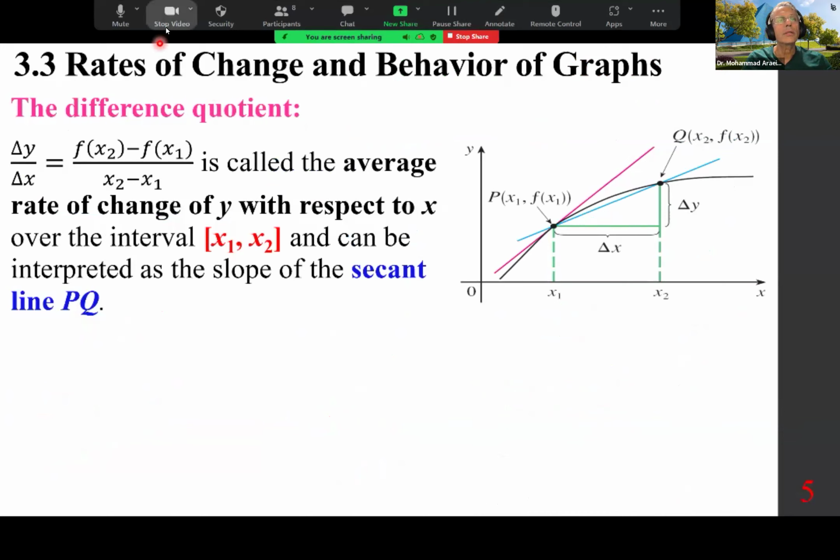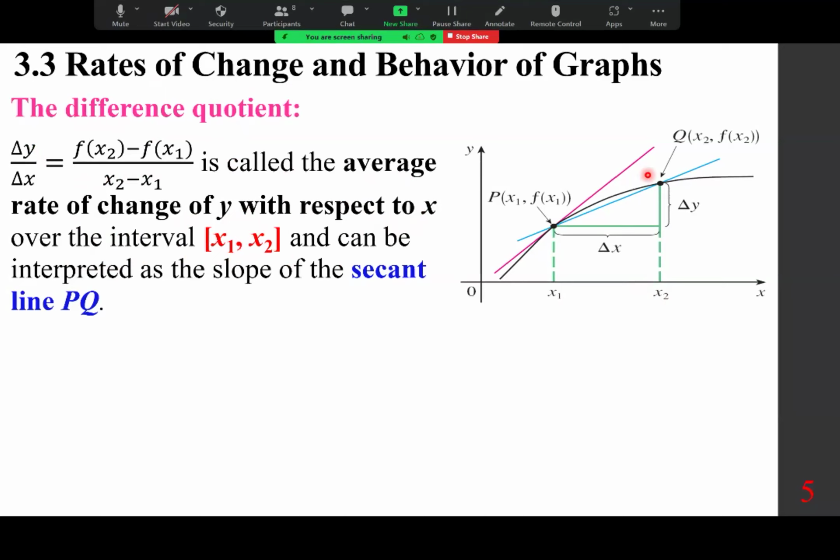Now, let's look at 3.3, rates of change and behavior of graphs. The difference quotient as the definition, delta y over delta x, is rise over run: f of x sub 2 minus f of x sub 1 over x sub 2 minus x sub 1. This is called the average rate of change of y with respect to x over the interval of x1 to x2, and can be interpreted as the slope of a secant line.